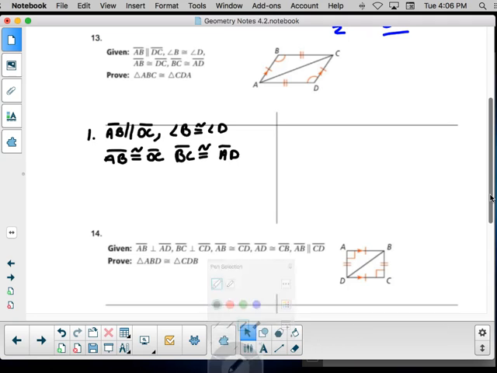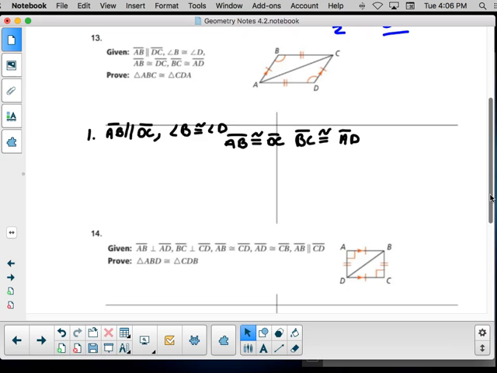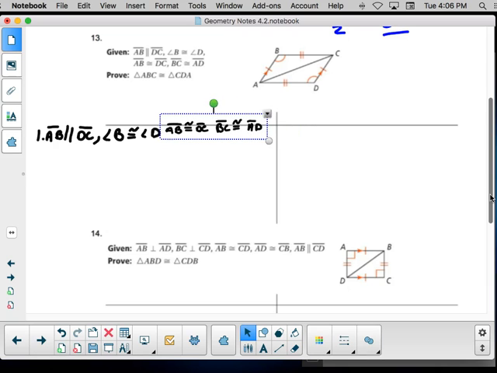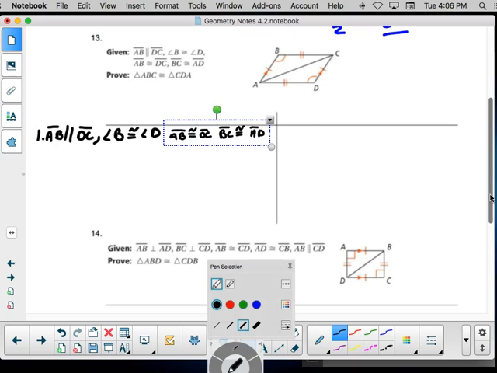And now I'm starting to get worried about some space, so I'm just going to slide this over a little bit so I can fit all this on one line. So it all fits on one line. So that's given. Not being secretive, that's straight up given to me.